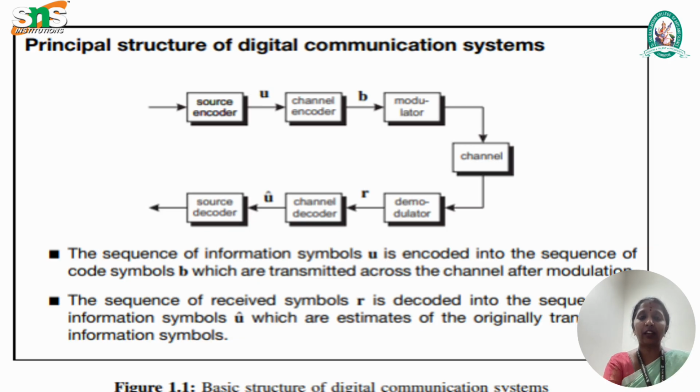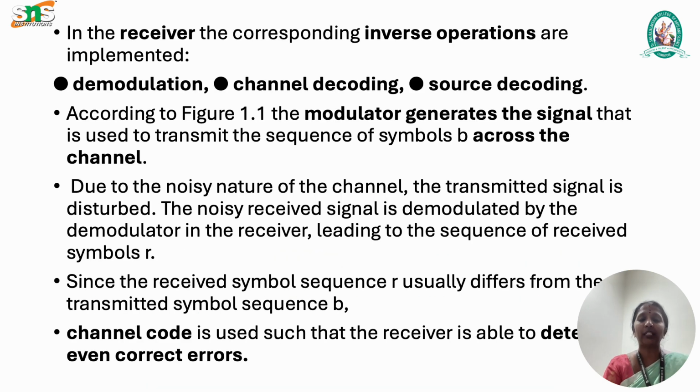The receiver side is the inverse of what we have done on the sender side. Here we use demodulation, channel decoding, and source decoding. Why demodulation? Because the symbols we used, that B, cross the channel, which is a noisy channel.